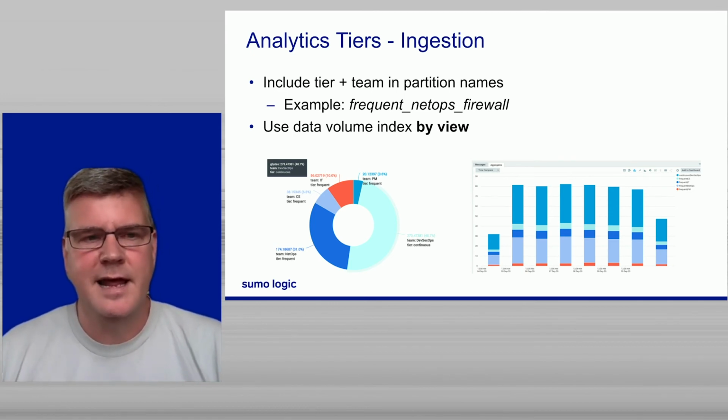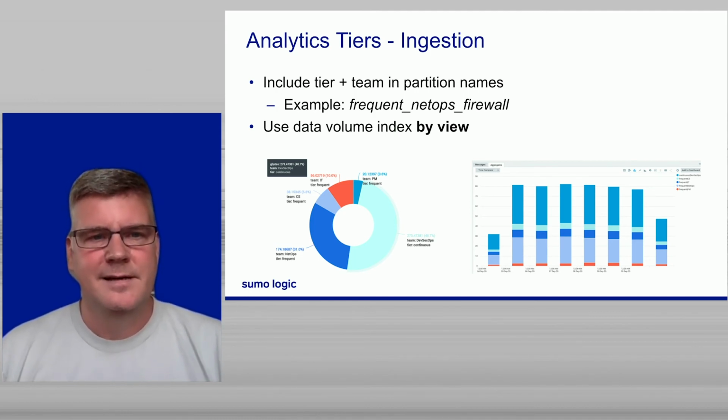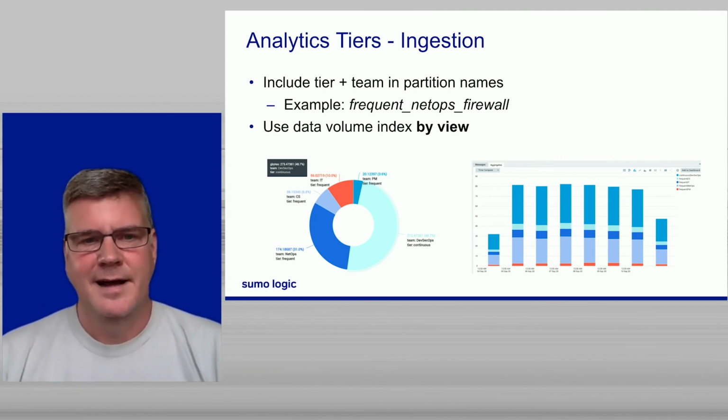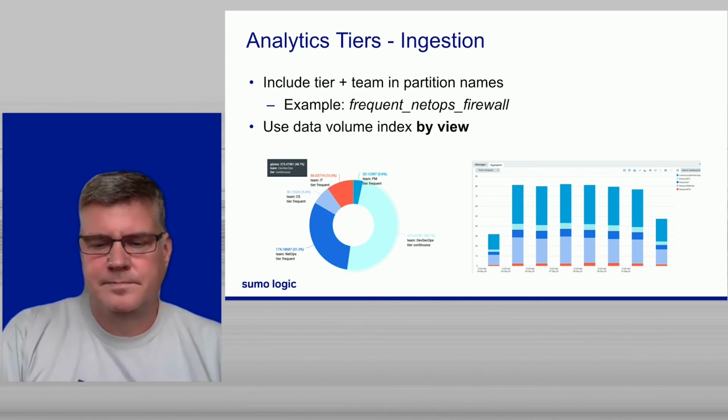So just make sure that you're naming your partitions in a way that exposes the tier type, the team name, and then whatever else is going to be in there. Then you can just count by view, parse out the team name and the tier, and then you have the same sorts of views.